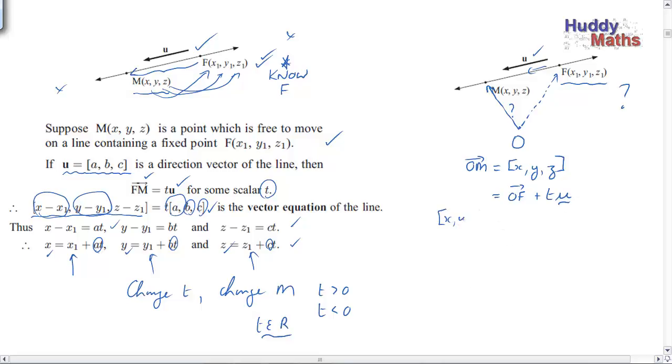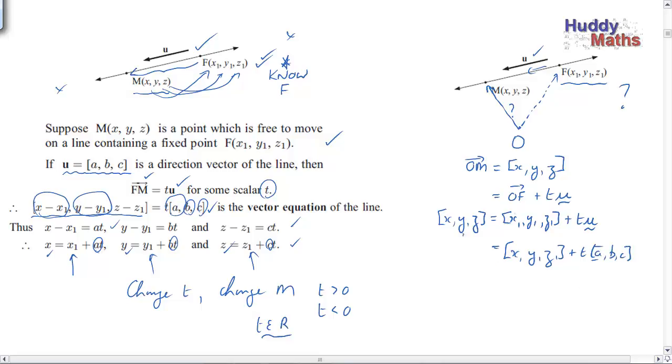So (x, y, z) equals OF, which is (x1, y1, z1), known, plus t times u. I like this one a little bit better. Okay, and what is u? It's (a, b, c). So we're letting it be t by our vector (a, b, c).